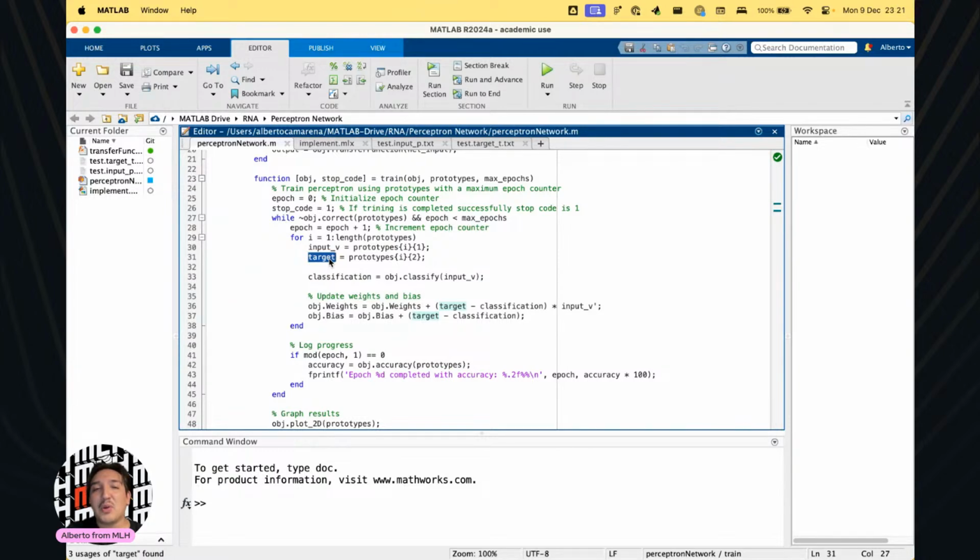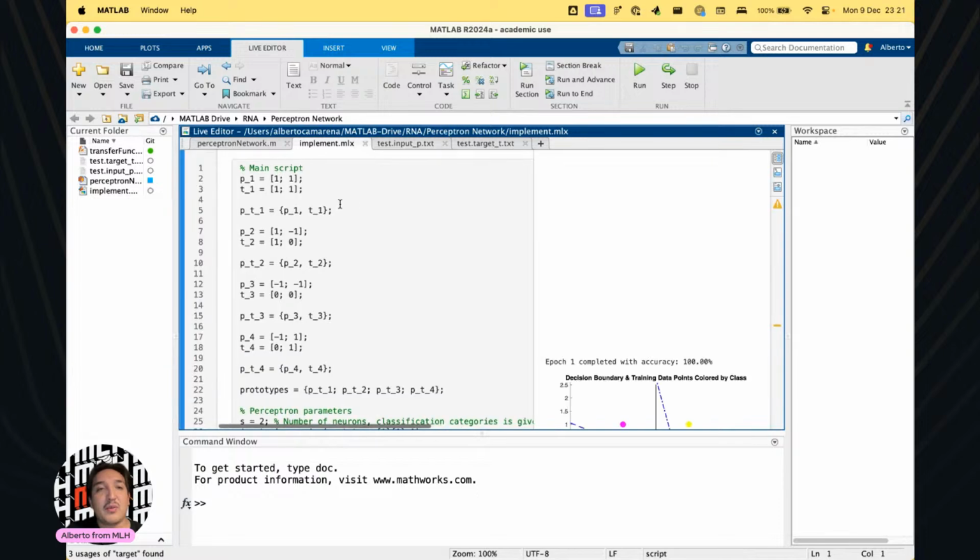I'm going to show you how that looks. For example, we can have an input vector of 1, 1 and a target vector of 1, 1, 2. Why is the target 1, 1? Well, because for this example, we want to classify 4 elements.